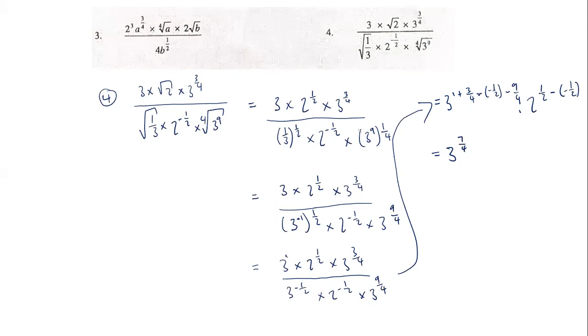And therefore multiply this negative inside, it's going to be +1/2. Subtract 9/4, I didn't see that one, but it's fine, you can just rewrite it as it is. Multiply by 2 to the power of 1/2, we distribute that inside, we're going to have +1/2.